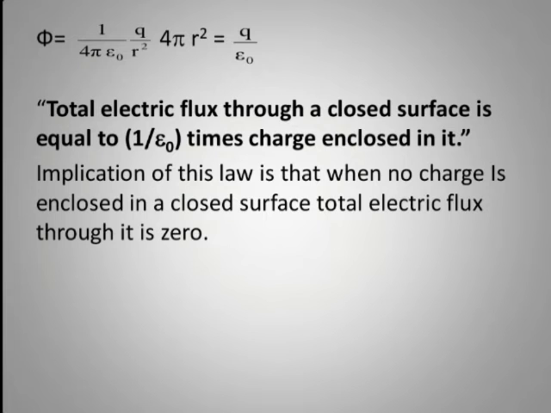So this is another formula which tells you about the electric flux. The total electric flux through a closed surface is equal to 1 divided by epsilon naught times q. So what is this epsilon naught? Absolute permittivity. If I have free space, say vacuum or air medium, the epsilon naught value would be the same.